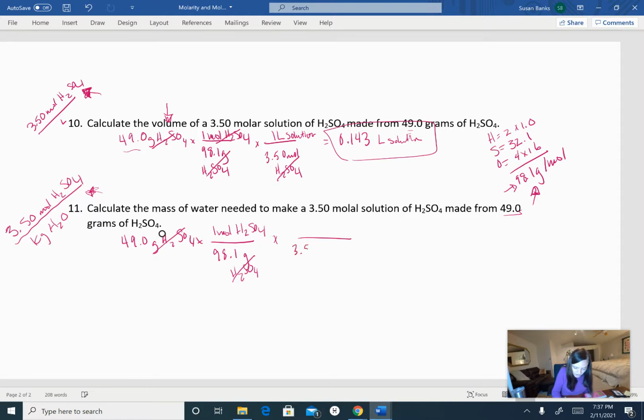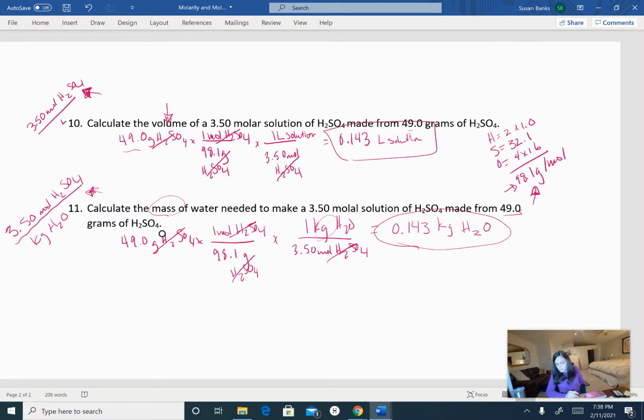So 3.50 moles of sulfuric acid in 1 kilogram of water. So my moles cancel, and I'm left with a mass, kilogram of water. Now notice the setup is pretty much the same thing, so the math is going to be the same. So I will have 0.143 kilograms of water in that solution.